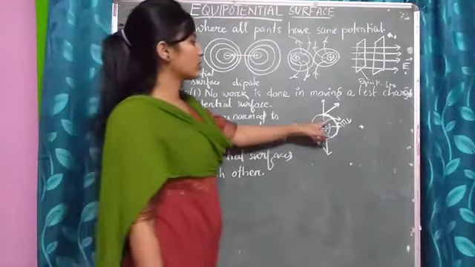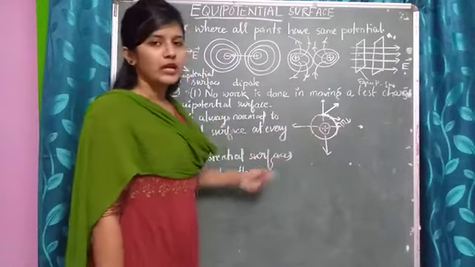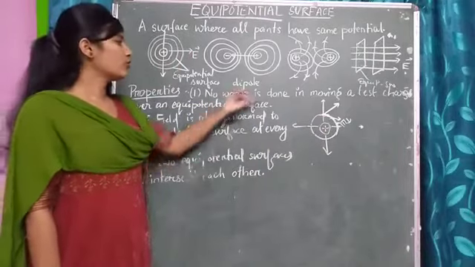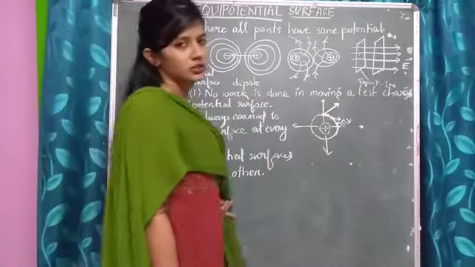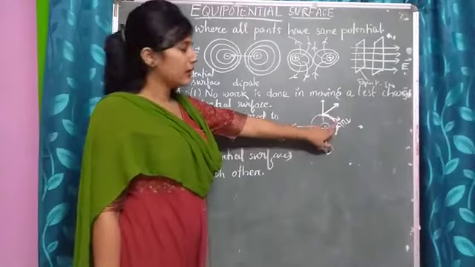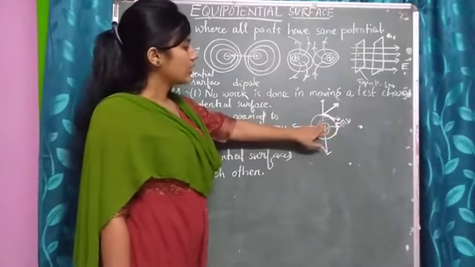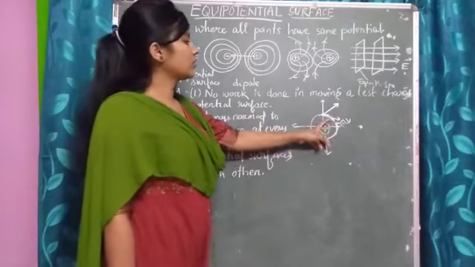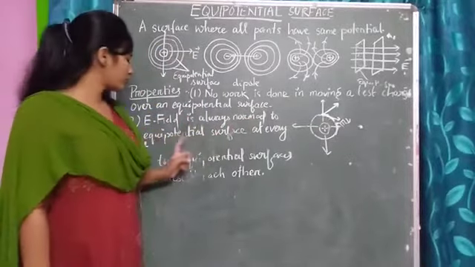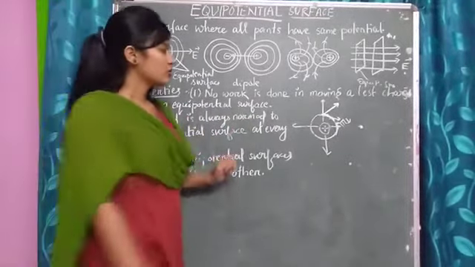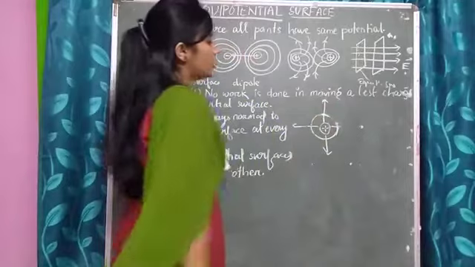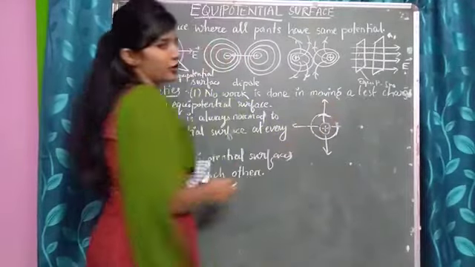If the electric field gives a force, it must do some work. But according to our first property, no work is done in moving a test charge. So this is the proof: if a tangential component is there, it will move a test charge and do some work, which contradicts our first property. So this is not possible. The electric field is always perpendicular to the equipotential surface.